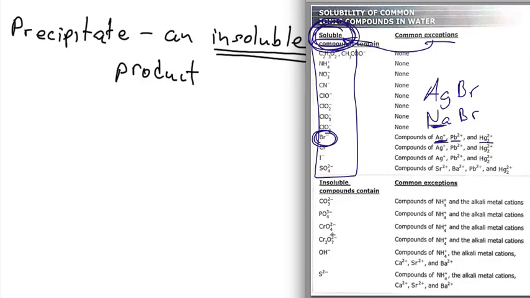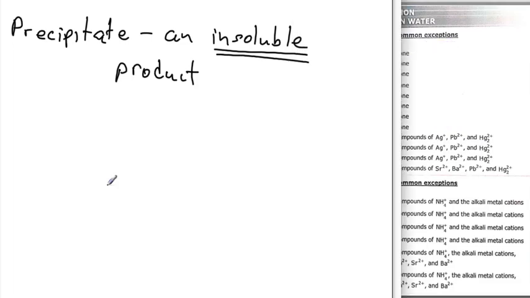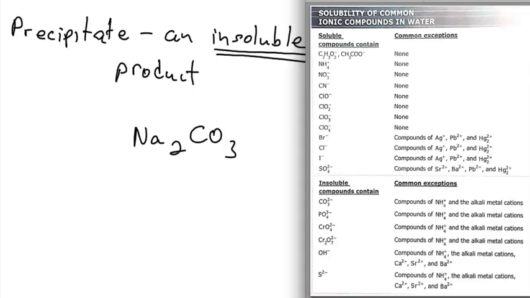Let's do an example. Let's say that I gave you sodium carbonate, Na2CO3. Can you tell me if sodium carbonate is soluble or insoluble? What you do to determine if it's soluble or insoluble is you try and find the negative anion first, the carbonate.